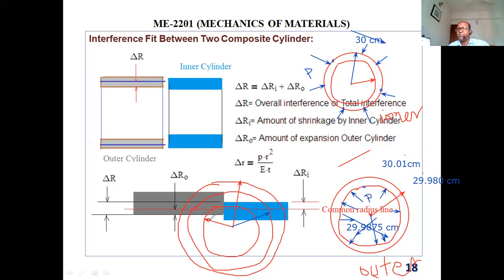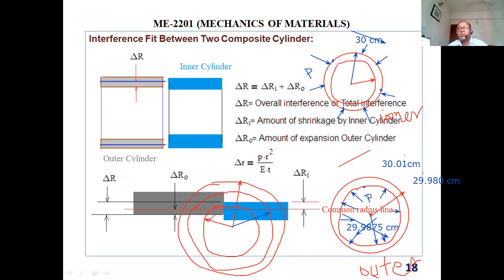For example, you hold your friend's hand extremely tightly. What will he say? He might shout, "Hey guy, I'm getting hurt. Don't press me," right? So that means he's applying pressure at the surface. That is called contact pressure. But if your friend's muscle is stronger than yours, then you might feel pressure around your hand.